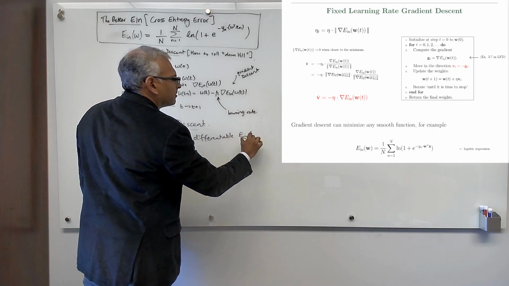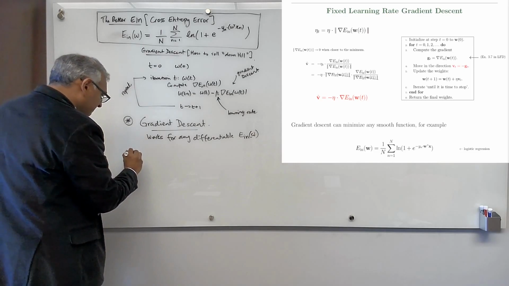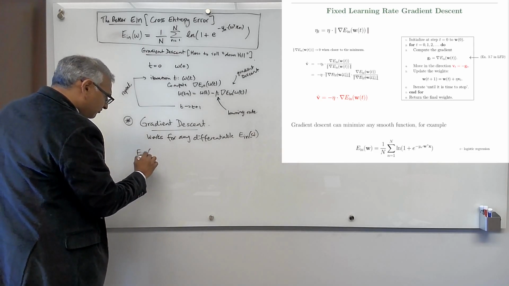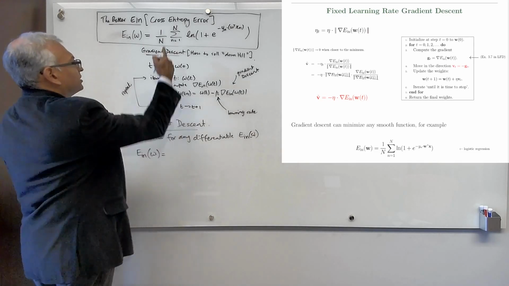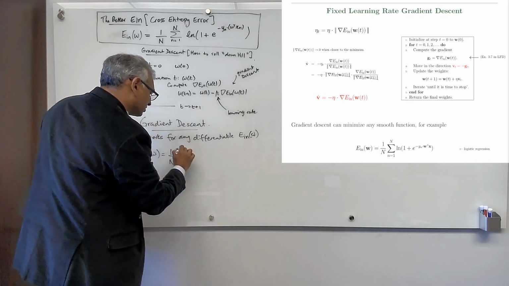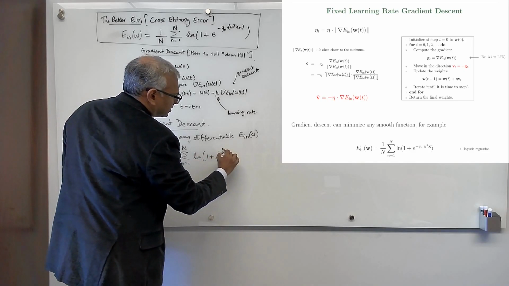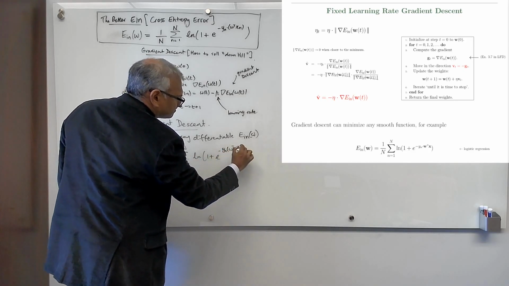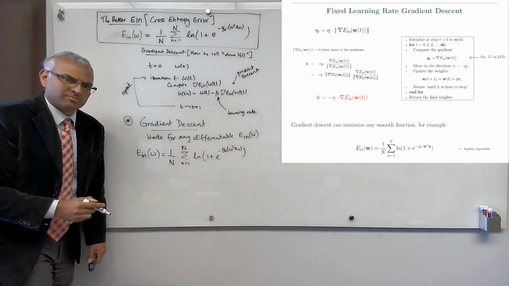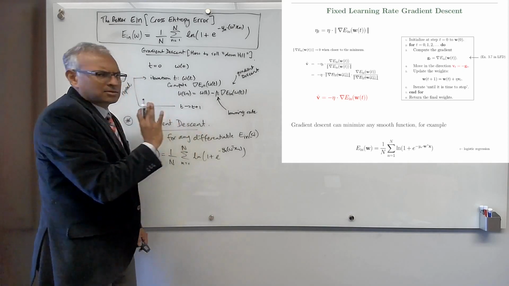And our E in of W was a very specific in-sample error. E in of W was equal to, and it's up there, I'll repeat it here, sum from n equals 1 to big N of log of 1 plus e to the minus yn W transpose xn. Okay, this is our in-sample error, but you can use it to go to the minimum of any in-sample error.